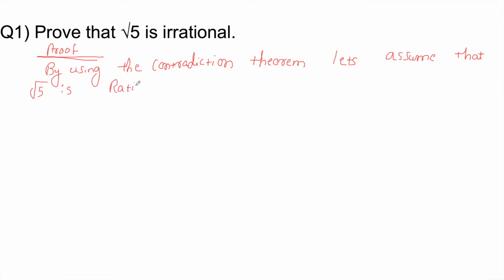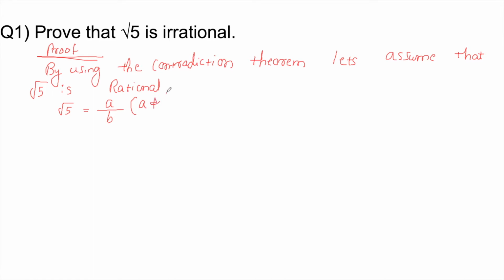Okay, we are assuming just the opposite of what we have to prove. Root 5 is rational. If root 5 is a rational number, we can represent it as root 5 is equal to a by b, in a fractional form. One condition is there for a and b.